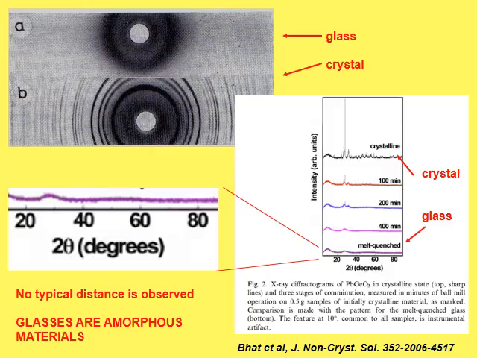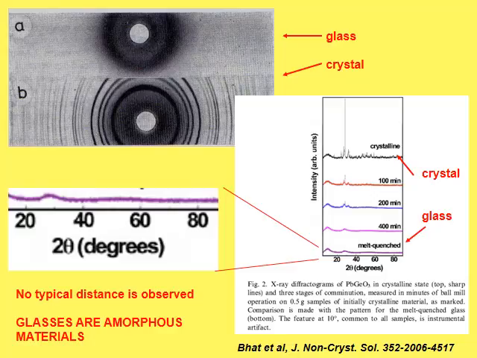This is an interesting picture I brought from a paper published in 2006 in one of the most important journals of the glasses area, the Journal of Non-Crystalline Solids. In this paper, authors take crystalline lead germanate submitted to a high-energy ball mill.